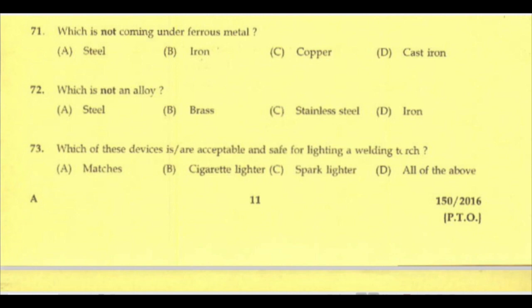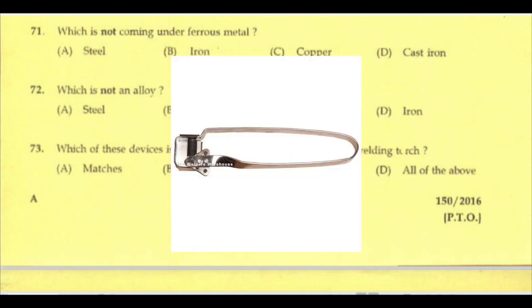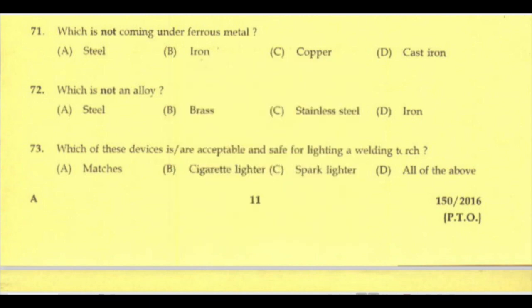Which of these devices are acceptable and safe for lighting a welding torch? Out of this, spatter lighter is the right answer. It's for lighting a welding torch.